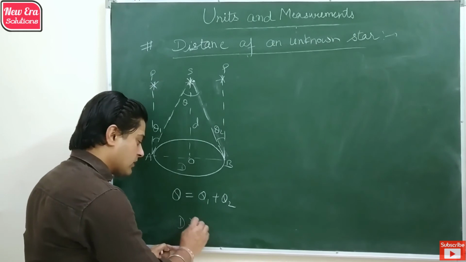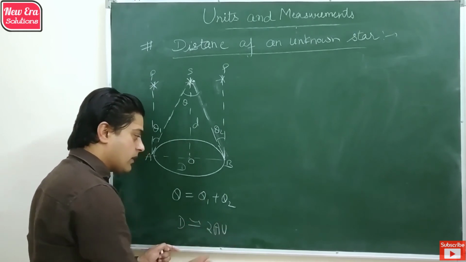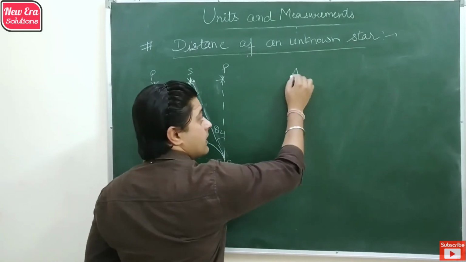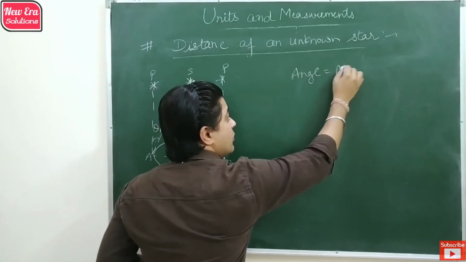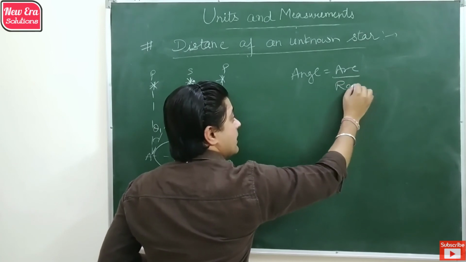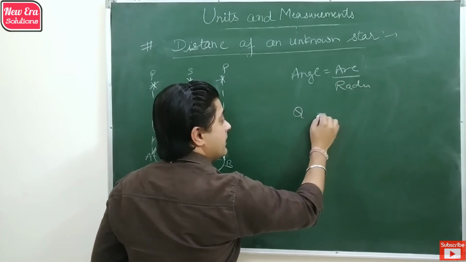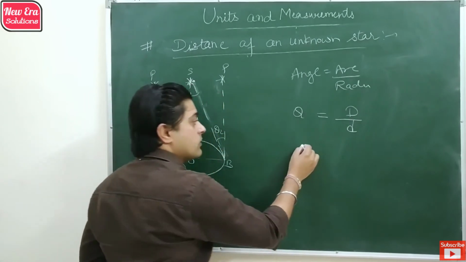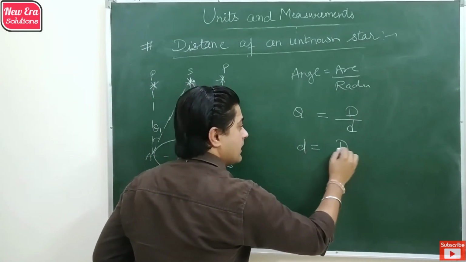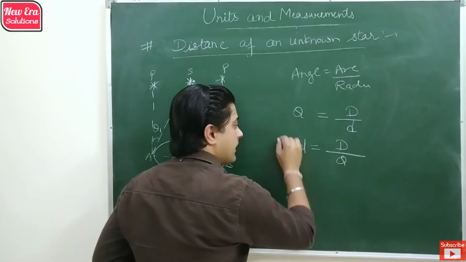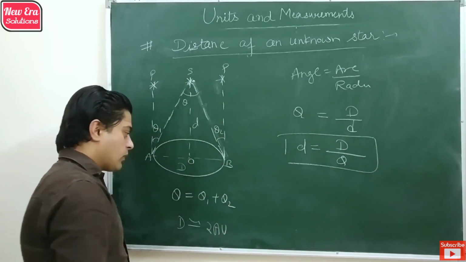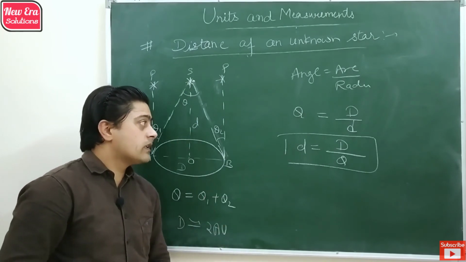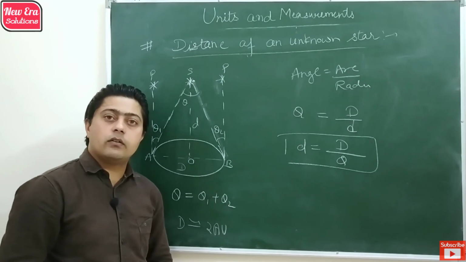Now again by using the concept angle is equal to arc upon radius, the angle is equal to capital D by small d. So the distance of a star is arc upon angle. Both these values we already know approximately. By putting these values we can calculate the distance of an unknown star.